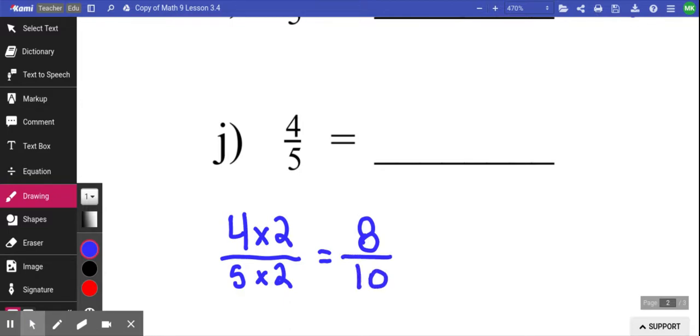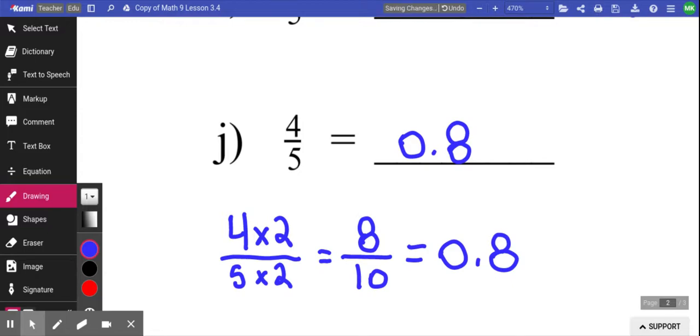The reason that would be useful is tenths are easy to calculate. 8/10 is 0.8. So sometimes with fifths, instead of having to do all the adding, you could double it to make it a tenth, and then convert the tenth into a decimal, which is a little bit quicker.